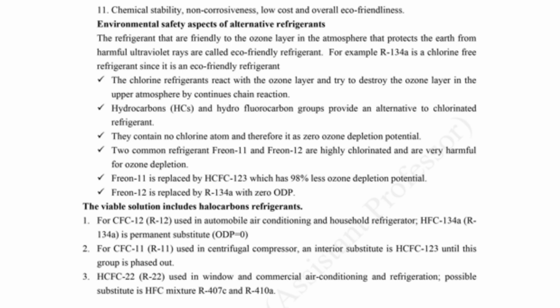For CFC 11 (R11), used in centrifugal compressors, the interim substitute is HCFC 123 until this group is phased out. HCFC 22 (R22), used in window and commercial air conditioning and refrigeration, has possible substitutes of HFC mixtures R407C and R410A.